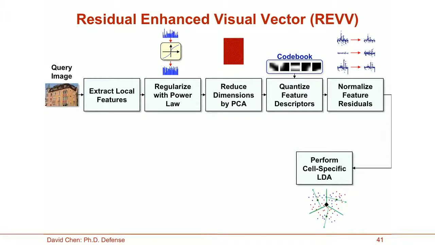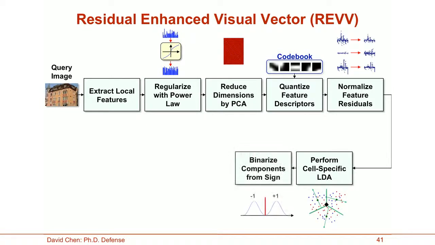At this point, we'll perform a cell-specific linear discriminant analysis to rotate the residuals into a more discriminative subspace. We'll binarize the LDA coefficients to produce binary signatures, which are very compact to store in memory.